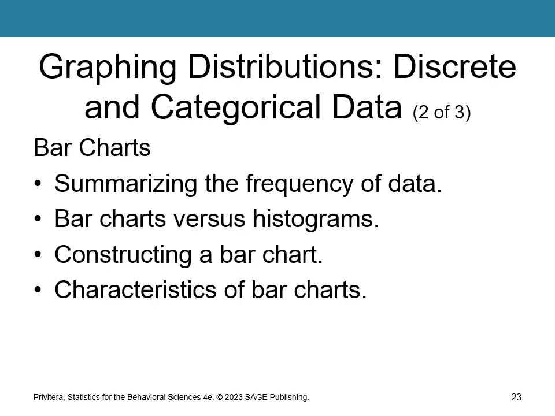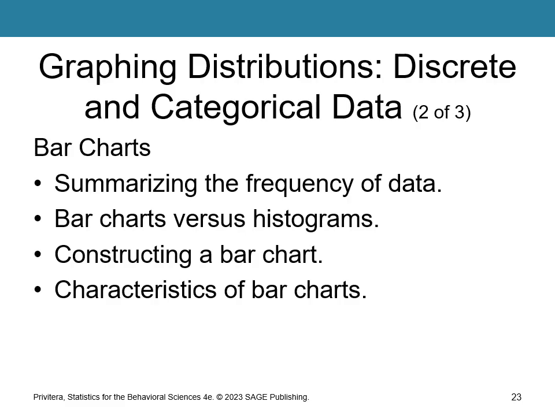The key difference between bar charts and histograms is that in bar charts, the bars are separated from one another, while in histograms, the vertical rectangles touch each other. The separation between bars reflects the separation or break between whole numbers or categories being summarized. This is why bar charts are appropriate for discrete and categorical data.